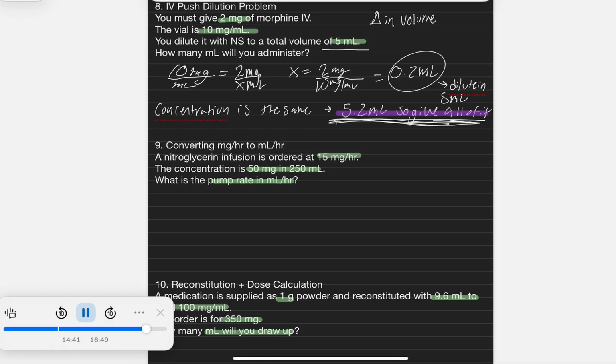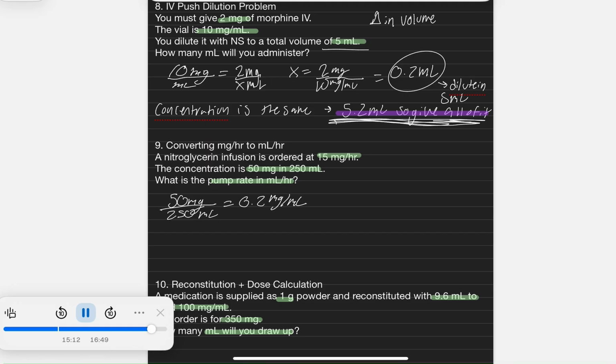So for this next question, we have 15 milligrams per hour that have been ordered. Our bag is 50 milligrams in 250 mLs, and we have to find milliliters per hour. So we're going to do 50 milligrams divided by 250 mLs to figure out how many milligrams are in 1 ml. So in this case, it's going to be 0.2 milligrams per ml.